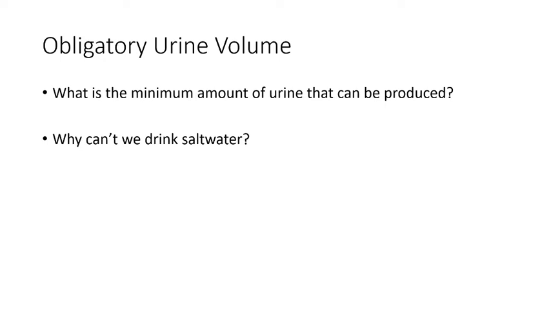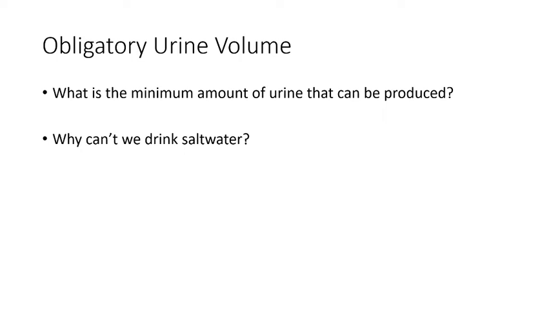The maximum concentrating ability is 1200 milliosmoles per litre. So if that person has to get rid of 600 milliosmoles, that means half a litre of water needs to leave with it. There's no way you're getting rid of that solute without also losing half a litre of water. So that's the minimum amount of urine that needs to be produced.